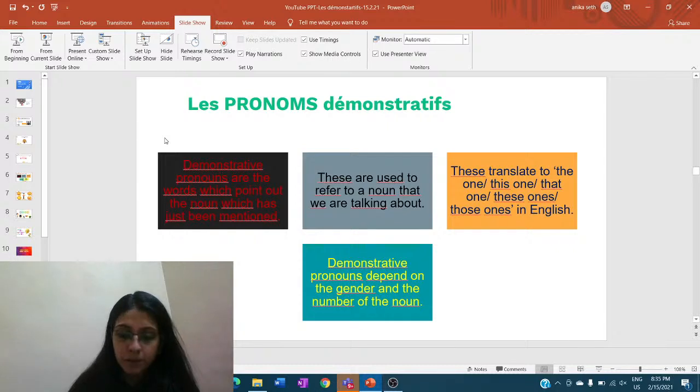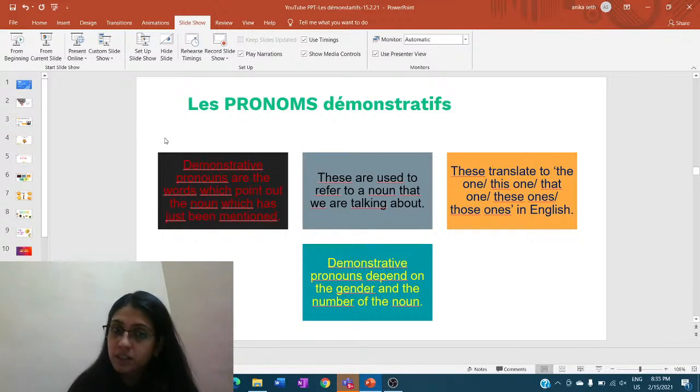Then, for example, I saw these dresses at the shop. This one was more beautiful, or that one was more beautiful. So, this one, that one, these ones, those ones, the one, with all these words, we are referring to the noun.